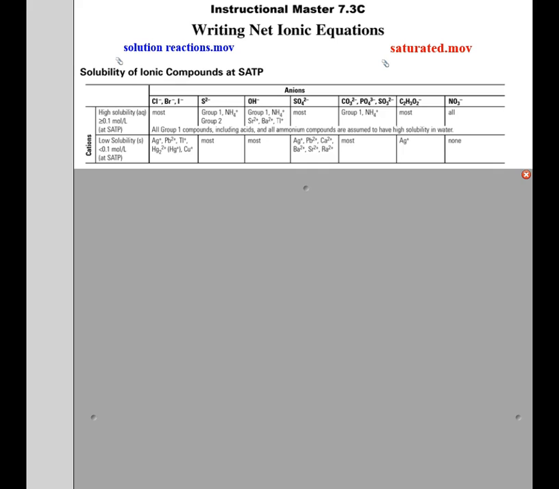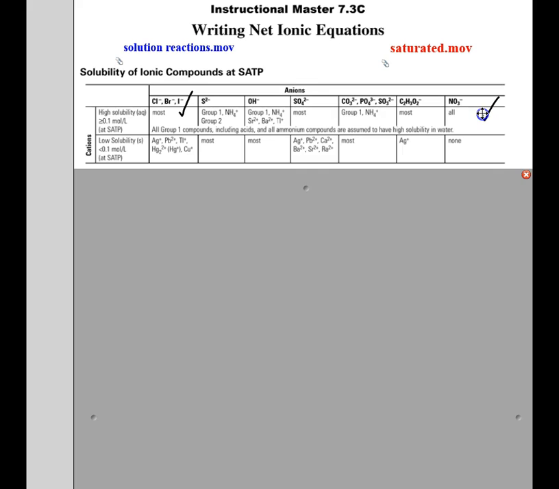All right, so that was just an illustration of the saturation point. When the saturation point is reached, a precipitate is formed. We saw the nitrate of lead, which would be soluble, as all nitrates are soluble. We saw the iodide of potassium mixed together. So those are the solutes that are dissolved in water to make a solution.